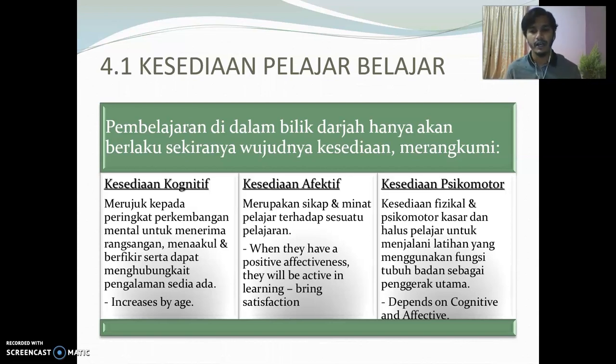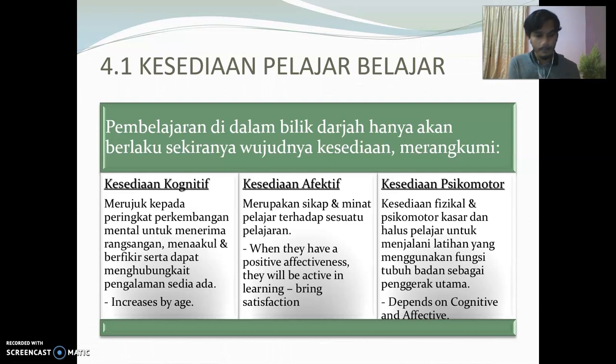For example, kognitif adalah dia berbeza mengikut peringkat-peringkat umur, and also basically perkembangan mental untuk menerima rangsangan, menakul dan juga berfikir secara waras dan juga menghubungkan dengan pengalaman yang sedia ada. Whatever experience the student already has, ataupun pengalaman yang dah ada dalam diri dia, they will be utilizing that in their classes, and dia akan mula meningkat mengikut peringkat umurnya.